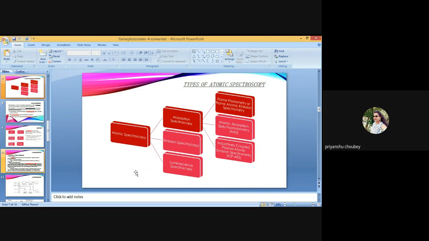The RF generator produces 1.5 to 3 kilowatts of power at a frequency of 27.1 MHz, and an oscillating magnetic field is formed within the quartz torch in response to the RF energy passing through the coil.